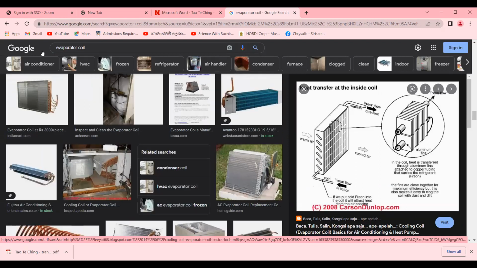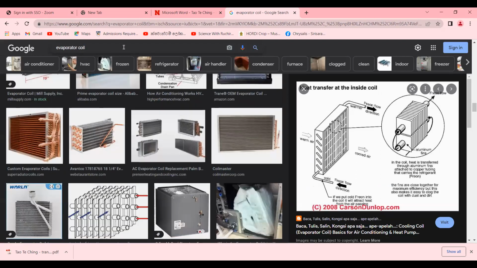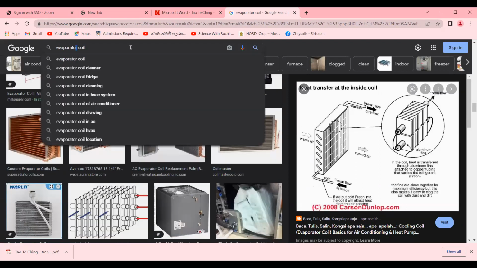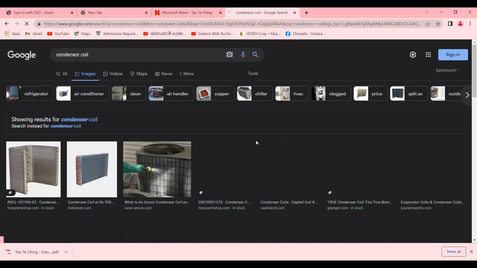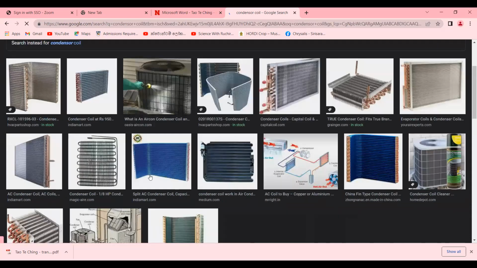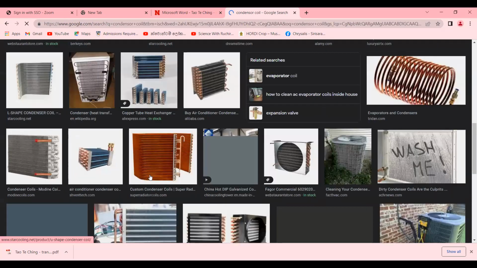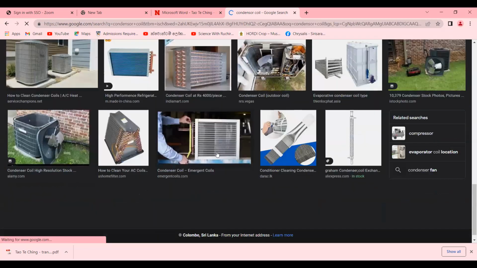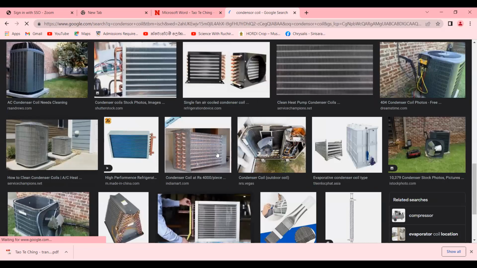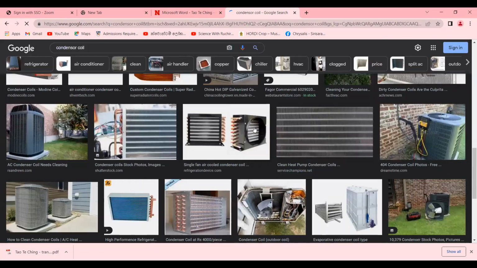Same with condenser coils, the big ones. Condenser coils range from very big ones to small ones, normally placed outdoors. Even in our small refrigerators, you can see the condenser coil behind or underneath. These are for small appliances.